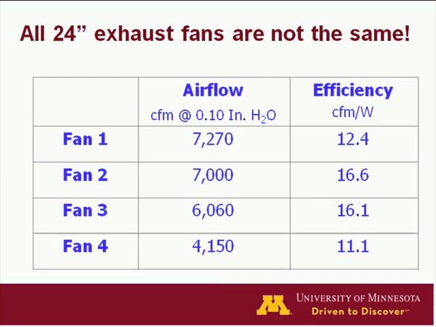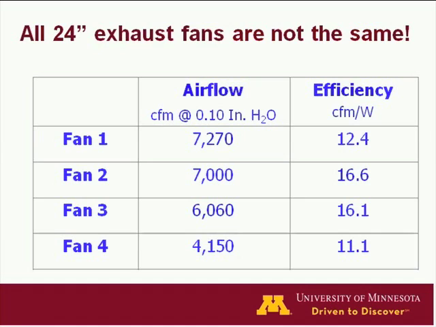If you do look at the BEST Lab, they will publish most of the fans that are used in ventilation systems, and they're usually categorized by the diameter of the blades.